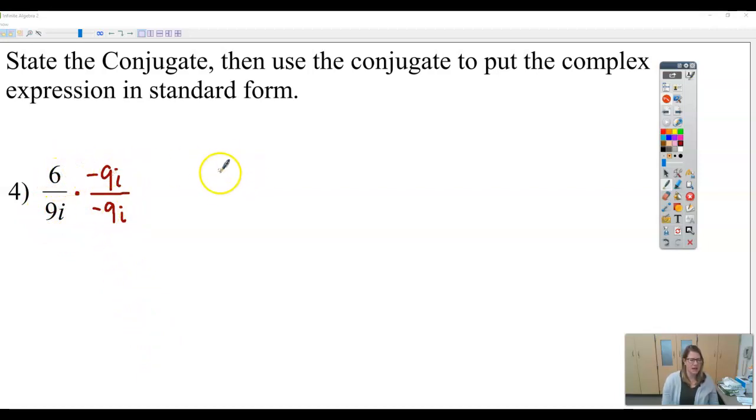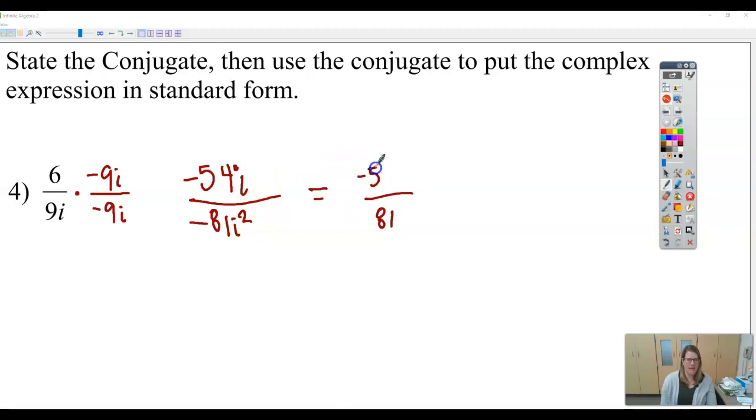6 times 9 is 54, and it's going to be negative 54 times i. 9i times negative 9i is negative 81i squared. But remember that i squared is equal to negative 1. So on the bottom I have negative 81 times negative 1, which is equal to 81.